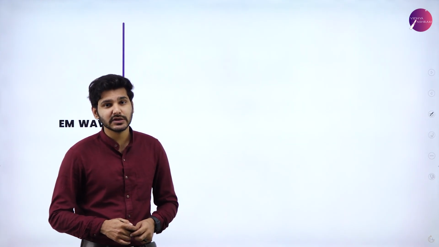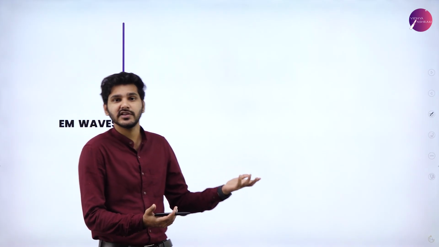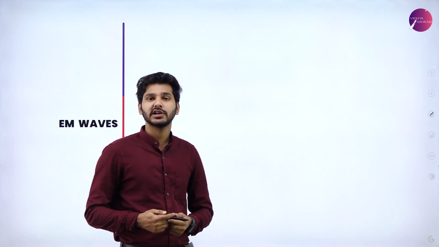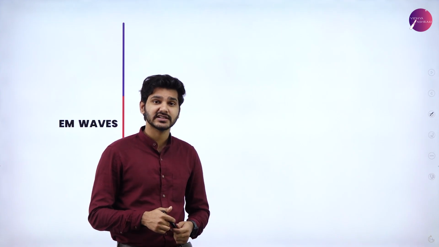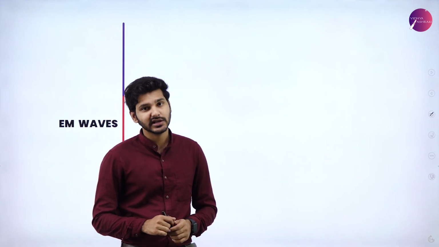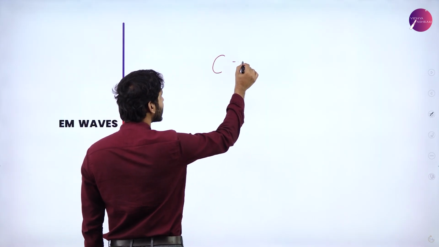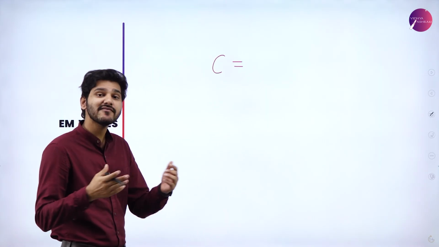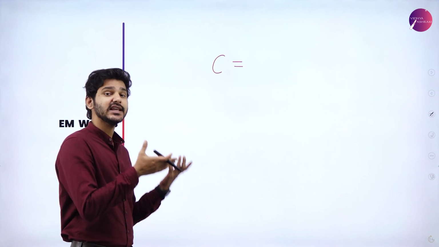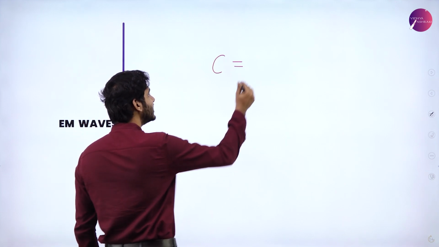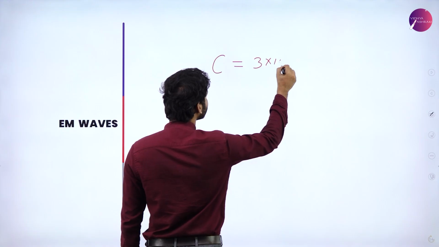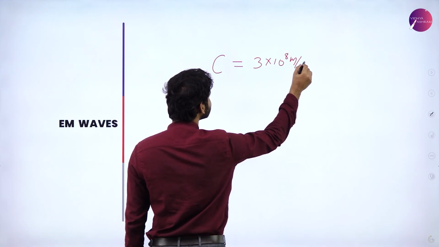Now we have seen the vector representation of an electromagnetic wave and the several terms in it. The next thing you have to understand is the speed of that electromagnetic wave. We know that an electromagnetic wave propagates at the speed of light in vacuum. It is indicated by the letter c, and the speed is 3 into 10 raised to 8 meter per second.